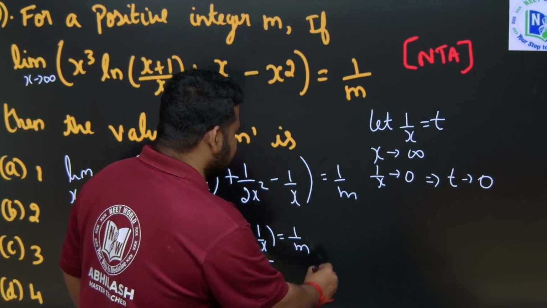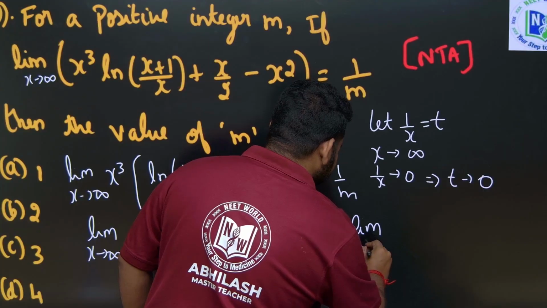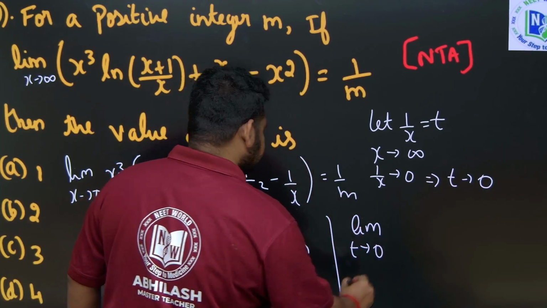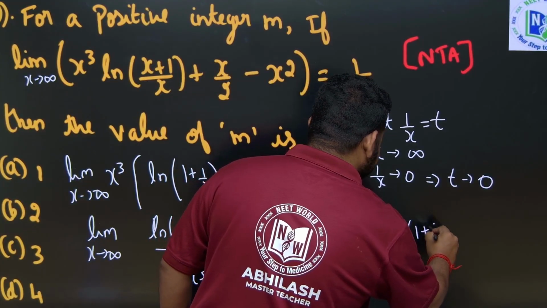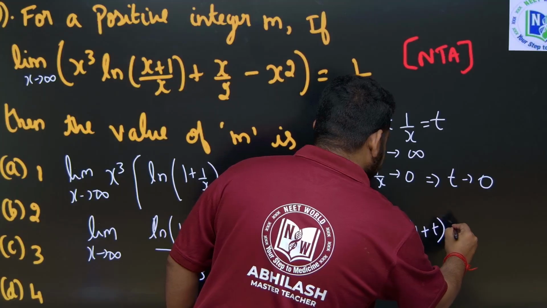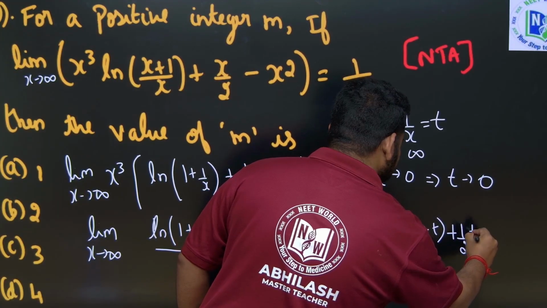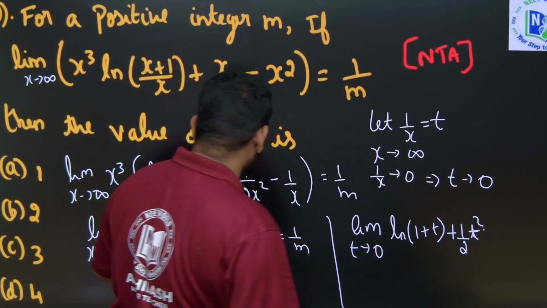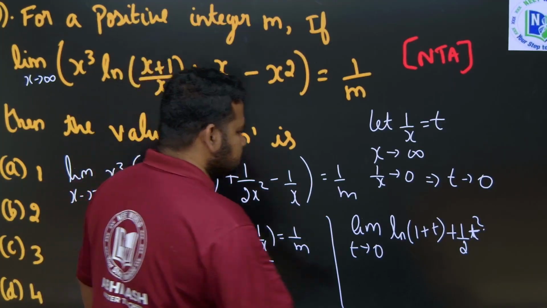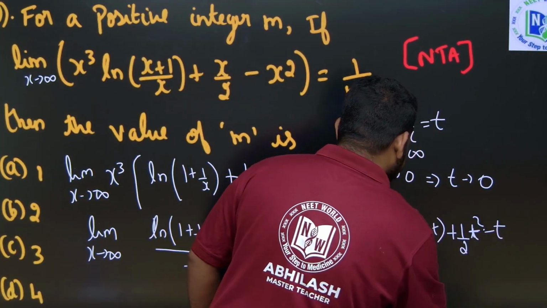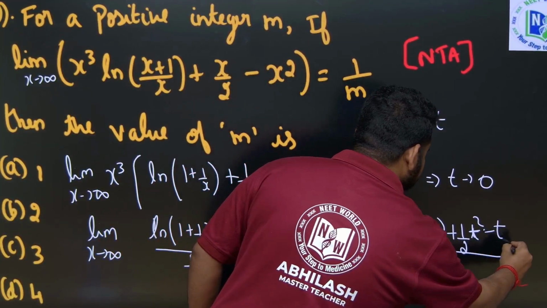So this will become the limit as t tends to 0 of log of 1 plus t, plus 1 by 2 t square, minus t, divided by 1 by x cube, which is t cube, is equal to 1 by m. This is t square because it is x square.